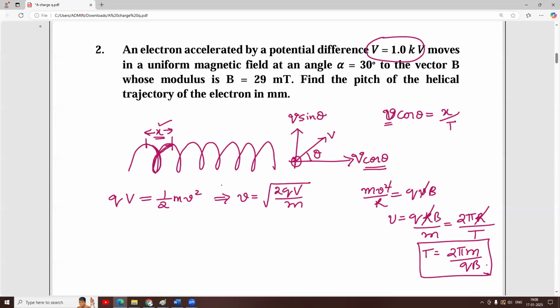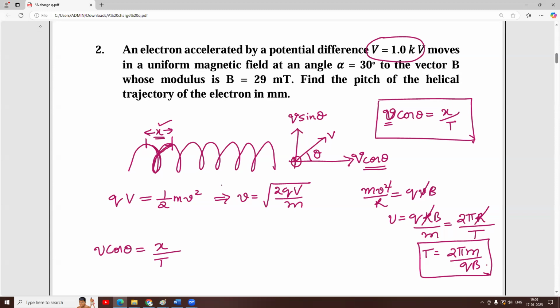So we have got velocity and we have got the period. Now substitute in this basic formula. We know that the cos component of velocity moves it by a distance x in a time of one period, and they have asked you to find out the pitch of the helix.